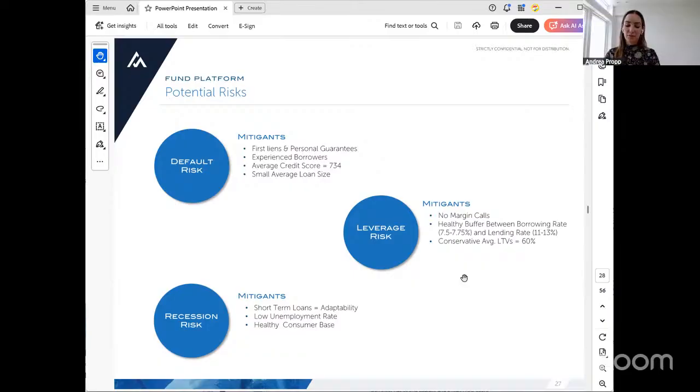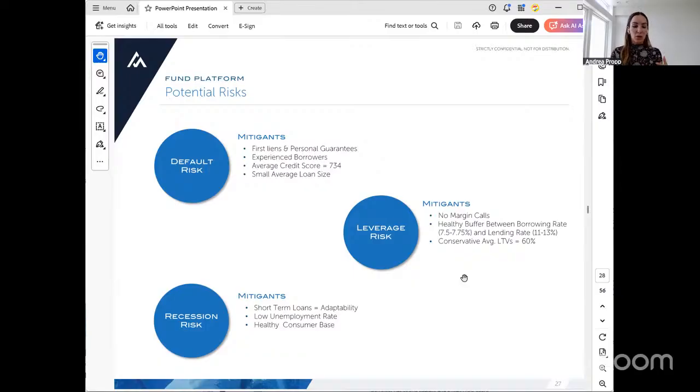Yeah, and so I'll just round that out by saying the biggest risk, or what you can expect from us, is consistent mid-teen returns. If the market goes sideways, we have a black swan event, I don't have a crystal ball, but I would say we are so well protected, being that our average LTVs are in the 60s.